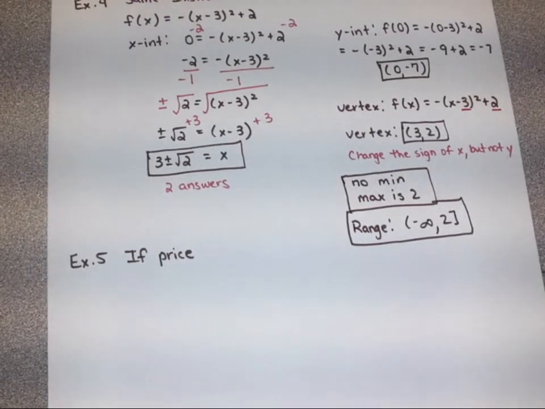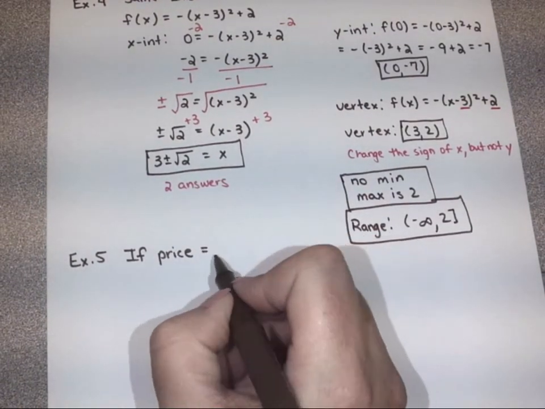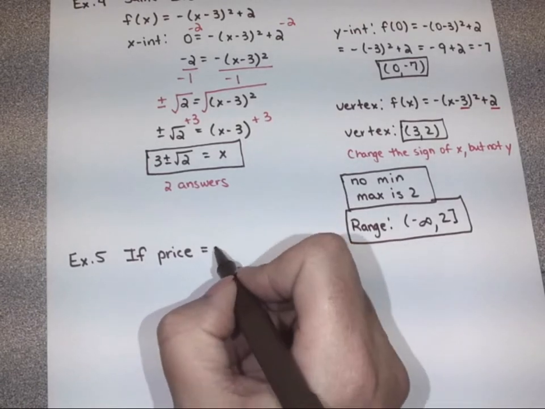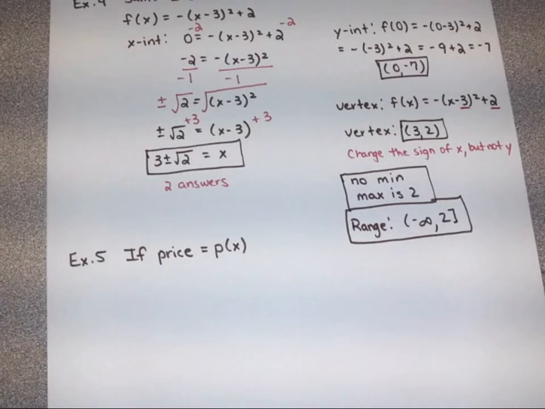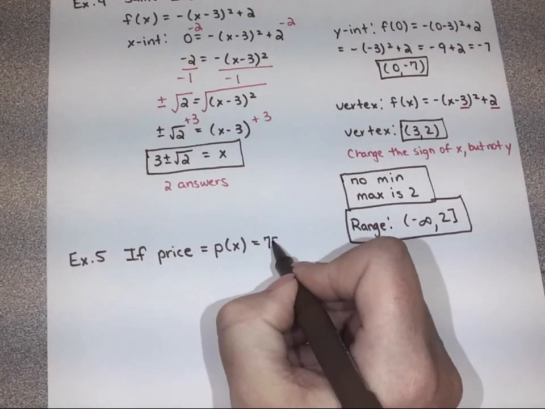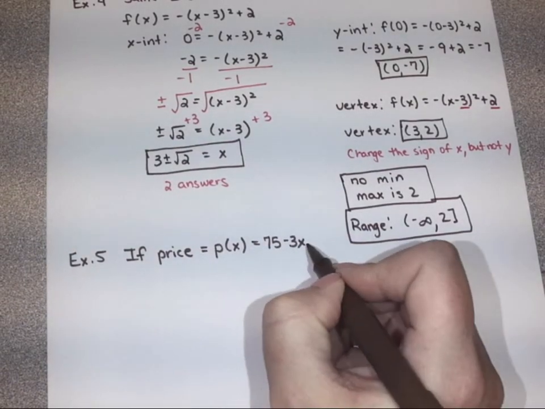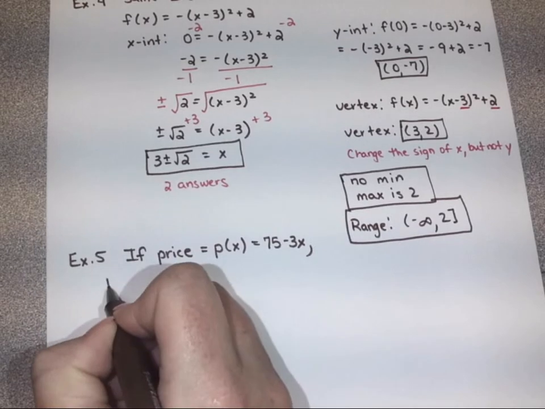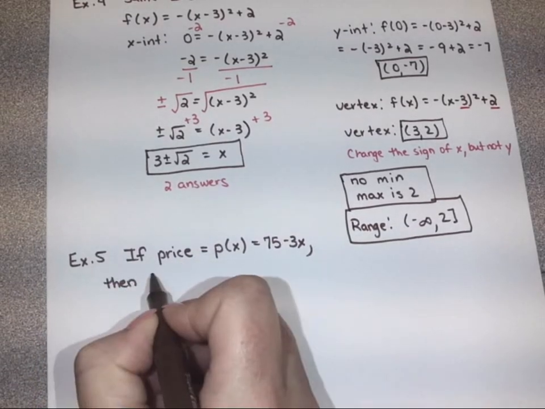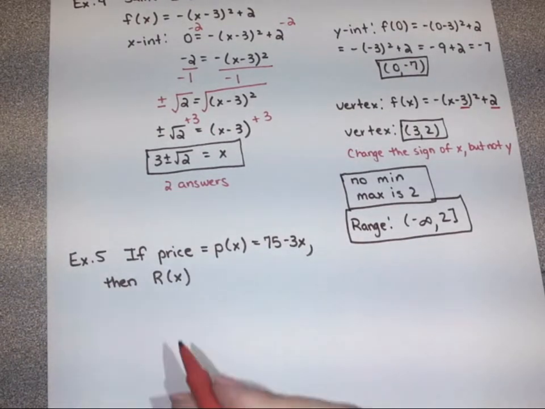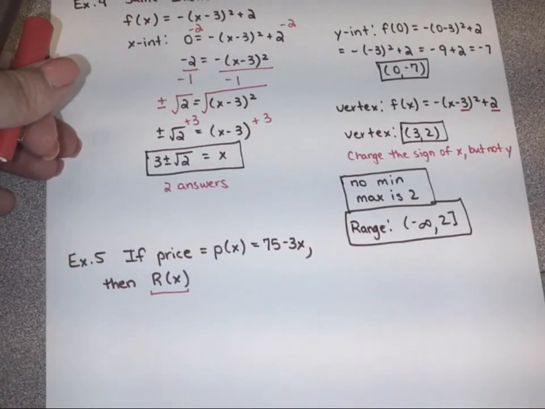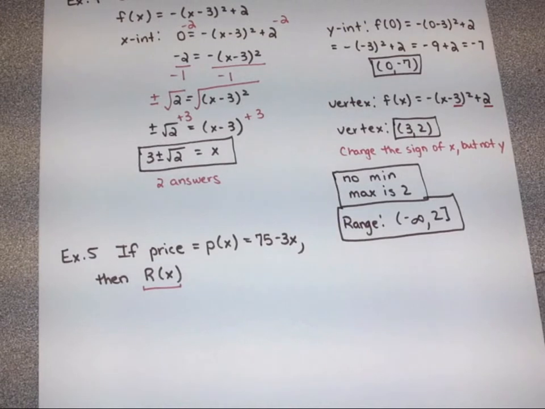So remember we talked about price, I think it was last week, maybe the beginning of this week, but price is usually represented by a lowercase p as opposed to profit, which is usually uppercase P. But let's say your price equation is 75 minus 3x for some scenario, okay? Then if I want to find R of x, okay, which if we forgot that, what does R of x mean? What is capital R usually reserved for?